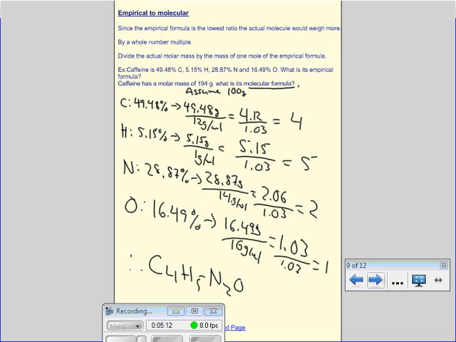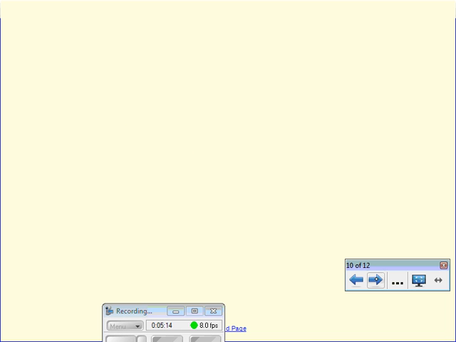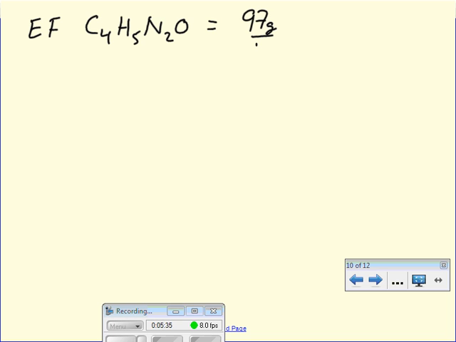So let's go on to the next page. My empirical formula is C4H5N2O, and that has a mass of 97, right? Yes, 97 grams per empirical mole.